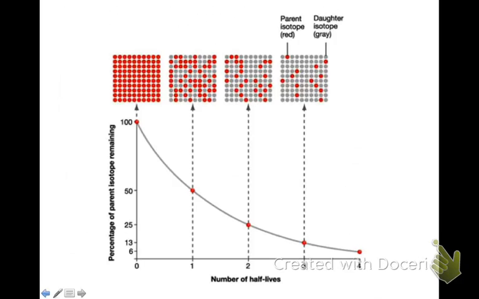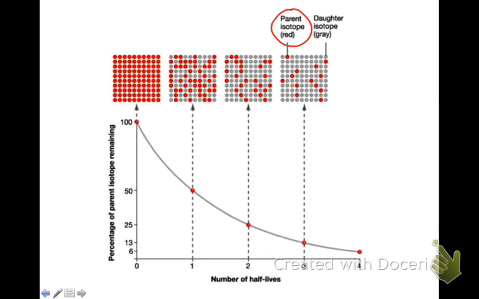So if you were to imagine that a radioactive isotope is in red here, you would start off with all of the atoms in the sample being radioactive. But since they're unstable, over time they would all tend to decay and become stable. So the parent isotope, which is shown in red, is our unstable radioactive isotope.